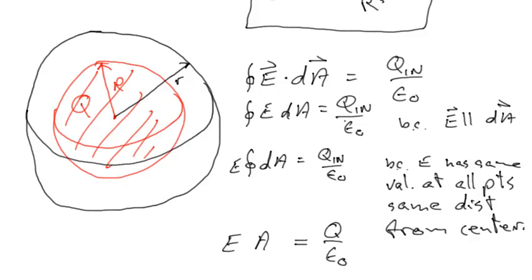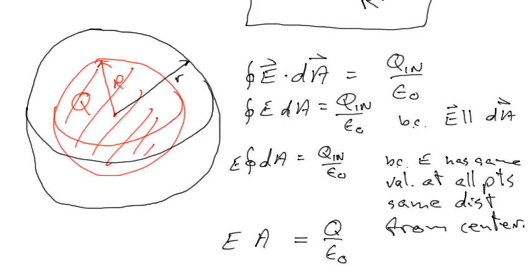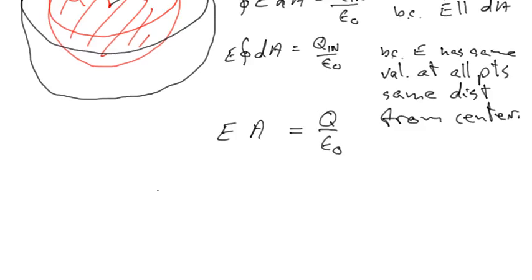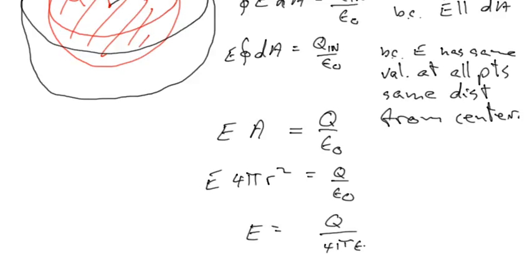So this becomes E times 4 pi r squared, the area of my Gaussian surface, equal to Q over epsilon 0. So E is equal to Q over 4 pi epsilon 0 times 1 over r squared.